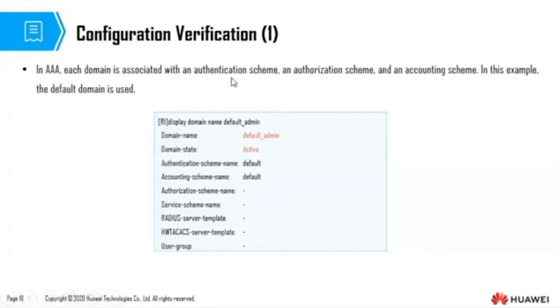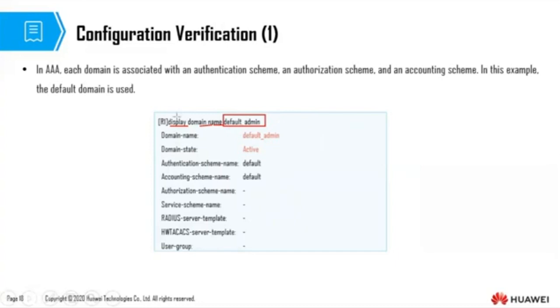So each domain is associated with an authentication scheme, authorization scheme, and an accounting scheme. So for you to be able to see the details about a domain, you use the command display domain name, then the name of the domain, for example, students. So here we want to see the default_admin domain.